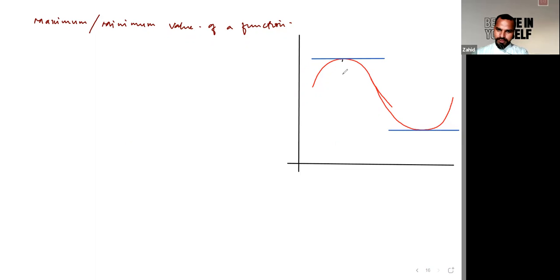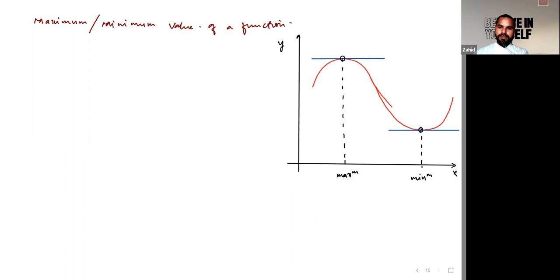So this point will define you the highest or the maximum value of the function. Similarly, this point will define you the lowest or the minimum. So this is the maximum and this is the minimum.